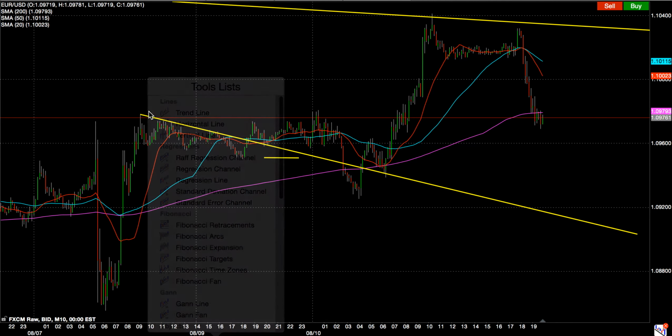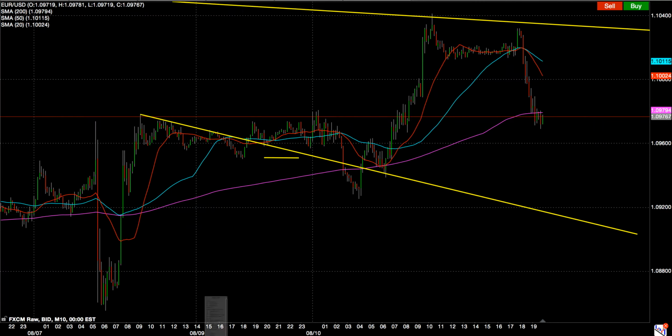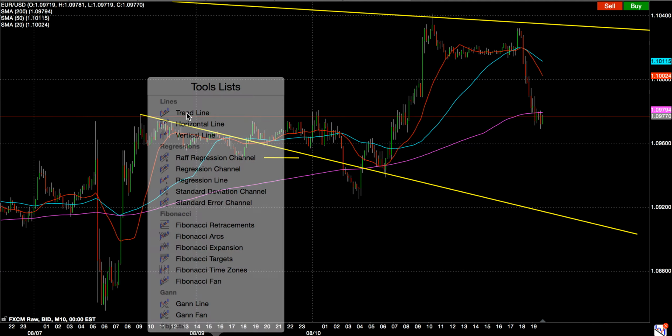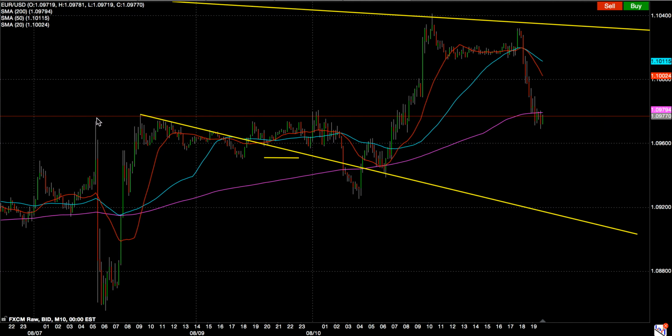I am seeing some minor support here on the euro dollar. You can see before it sold off, this was resistance here for quite a bit of time until it finally broke out. And here it is again, retesting that previous resistance level.